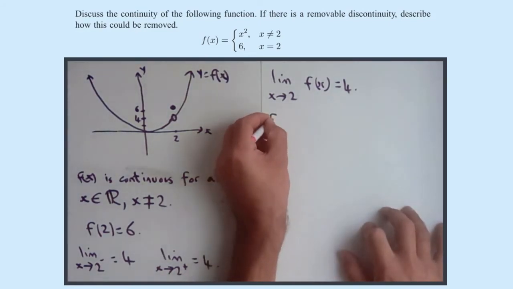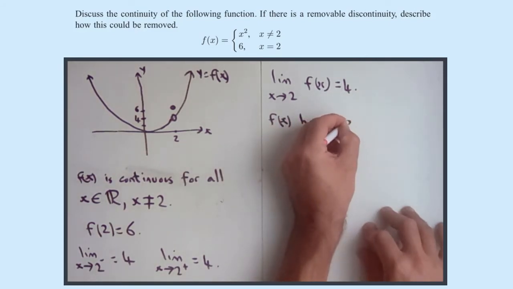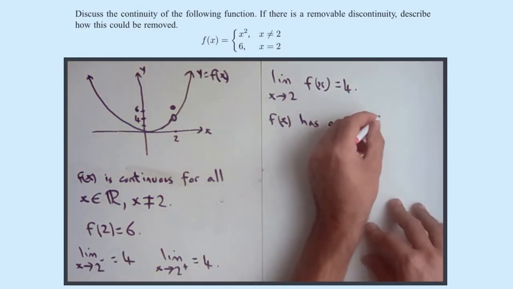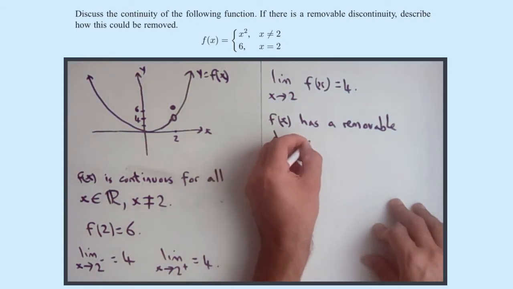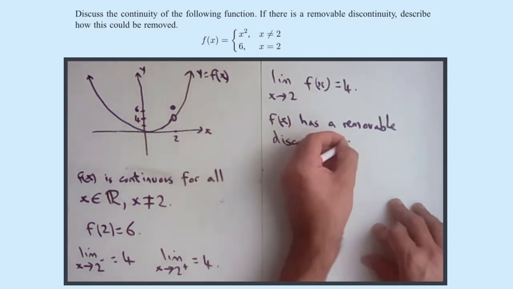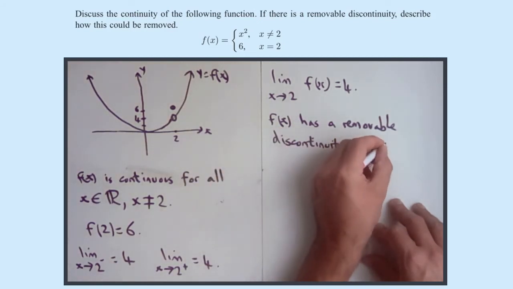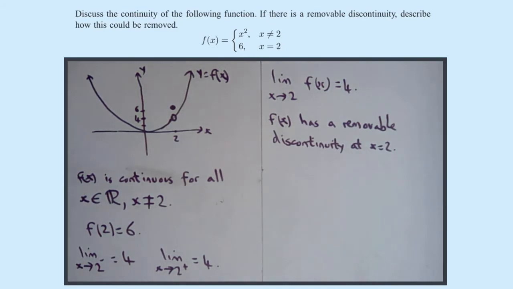So f of x has a removable discontinuity at x equals 2.